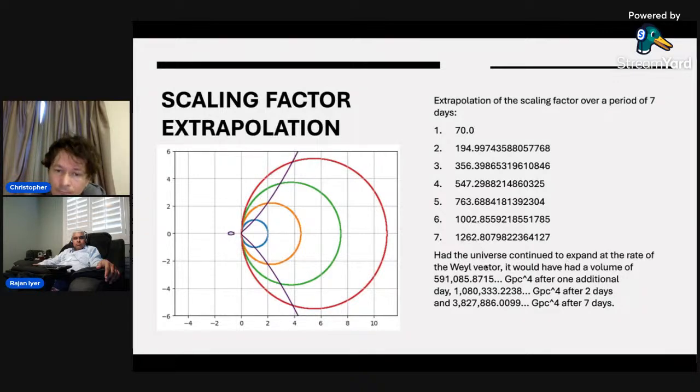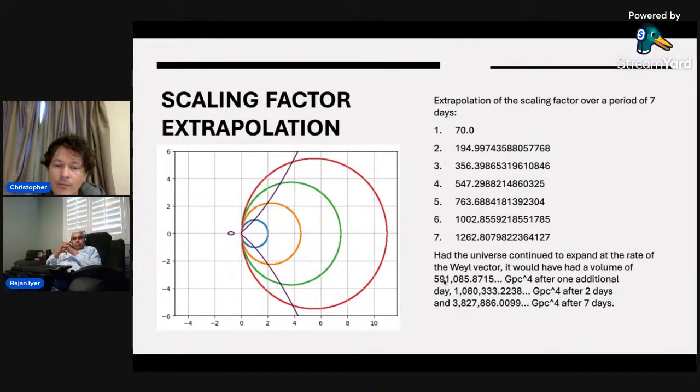But we see that had it continued to expand at the rate of the scaling factor, it would have a volume of, I think this is actually megaparsecs.